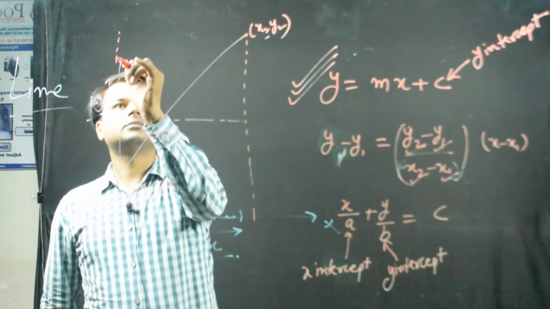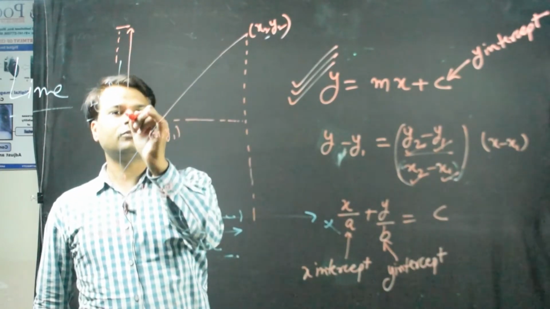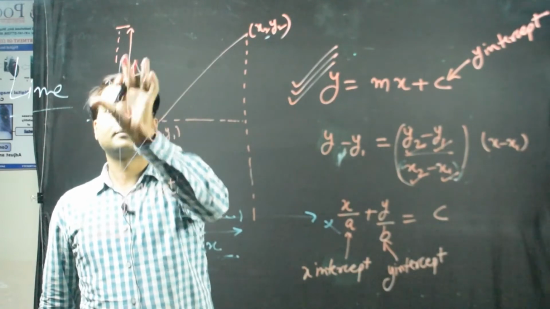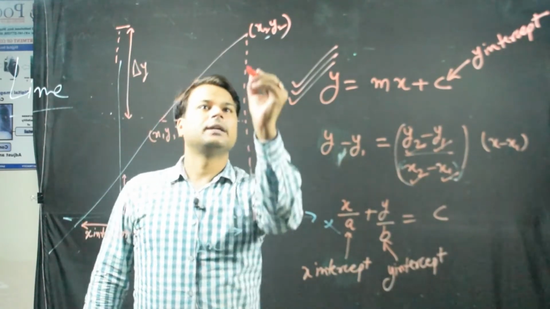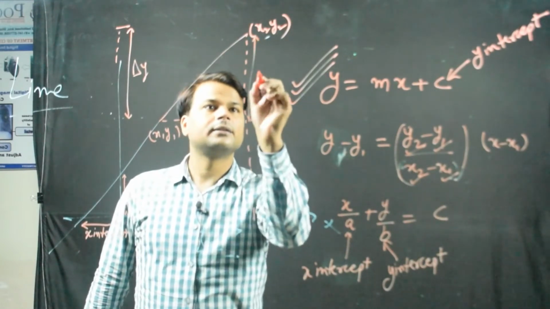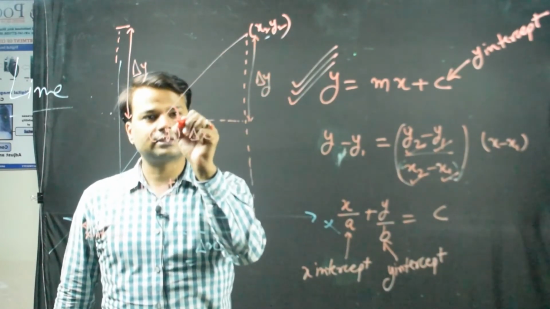This is the movement of y and this is the movement of x. If this is y, this is x, then this is theta.